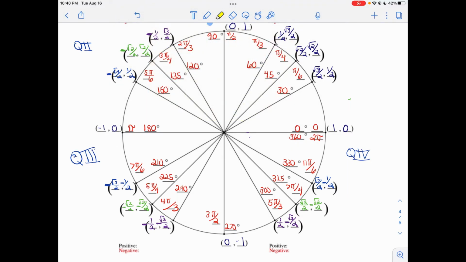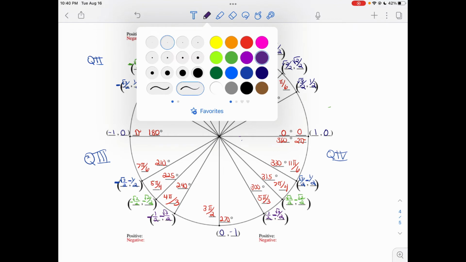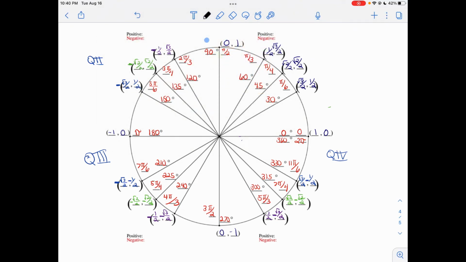Now, that's actually how this unit circle was developed. This is the unit circle. You need to memorize this. In addition to memorizing this information, something else you'll need to know is which trig functions are positive and which trig functions are negative in each of these quadrants. So if I'm in quadrant 1, my x is positive and my y is positive. So that means sine is positive. And if sine is positive, when I flip sine over, I get cosecant, so it must also be positive.